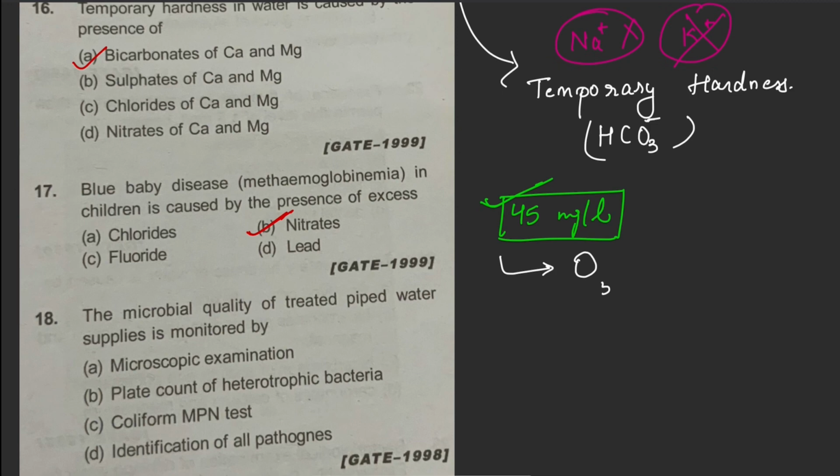So the babies are not able to breathe properly, they suffocate and they turn bluish, because they don't get the proper oxygen intake. So this disease is named blue baby disease, and the scientific name is methemoglobinemia. So the answer is nitrates.